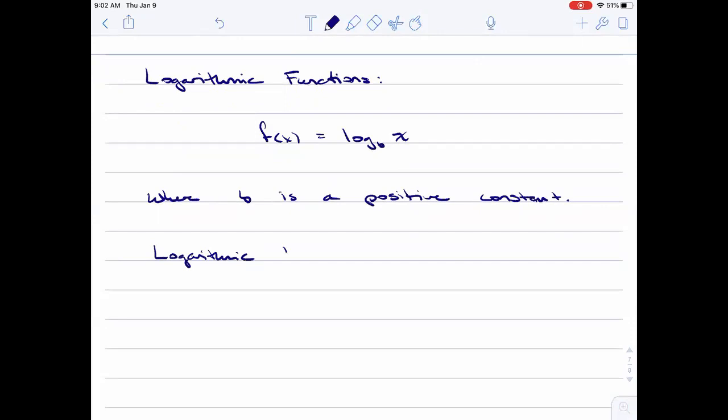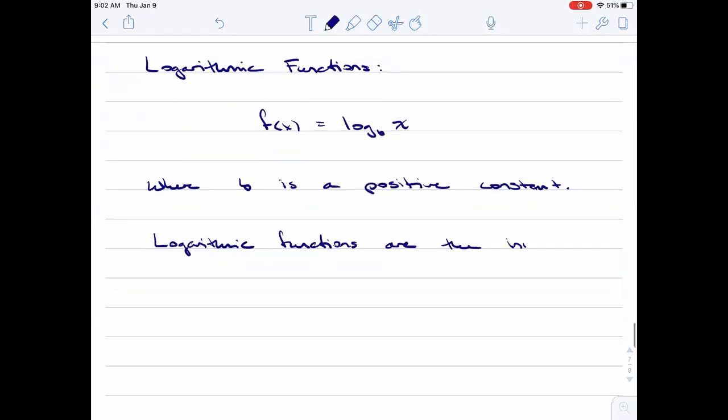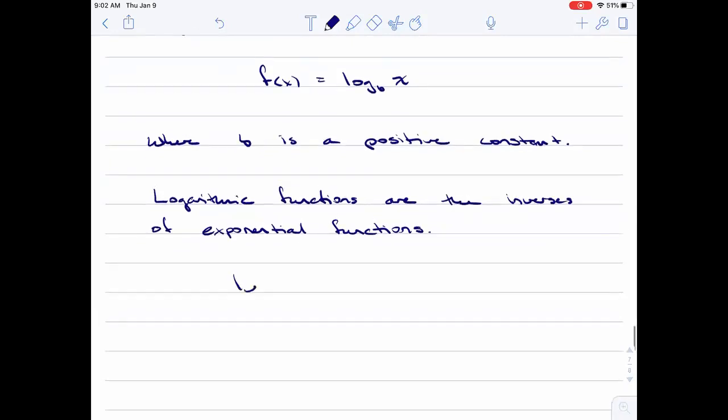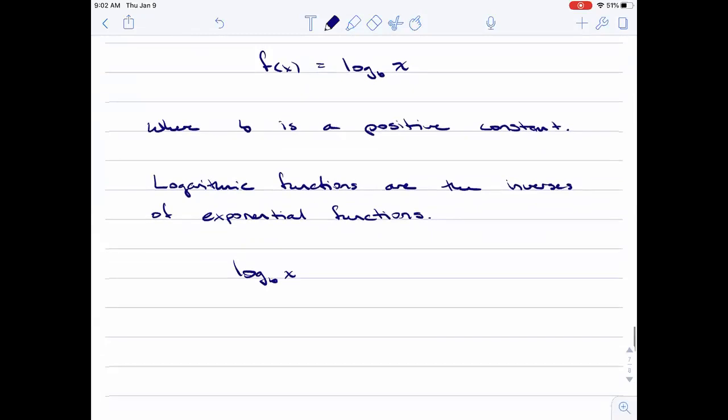Logarithmic functions are the inverses of exponential functions. So log base b of x is the inverse of b to the power of x. So they go hand in hand. And remember, the inverse is just how we undo another function.